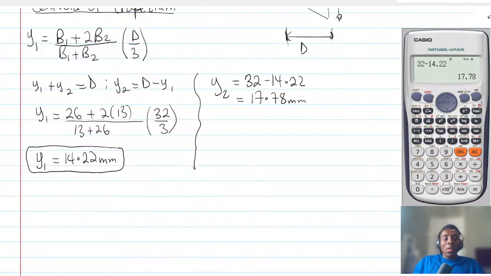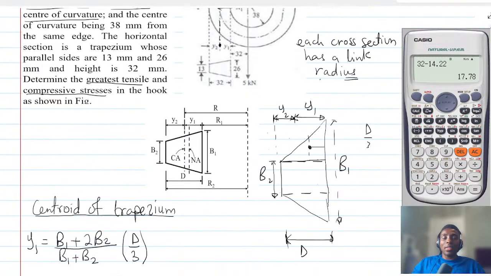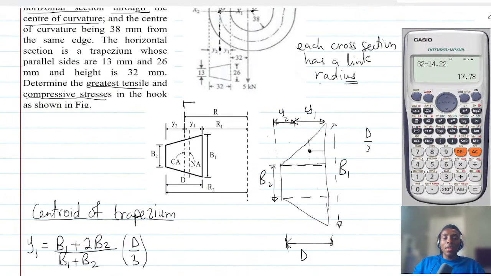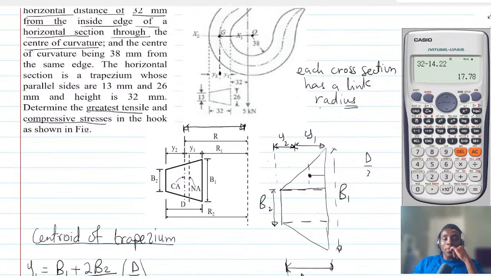Okay. So now that we have y1 and then y2, let's calculate the r1 and then r2. So r is this distance from here all the way up to here. That is to say, the radius of curvature r.